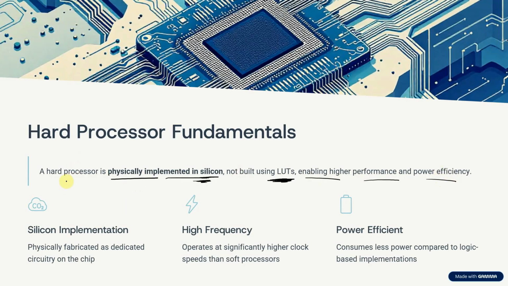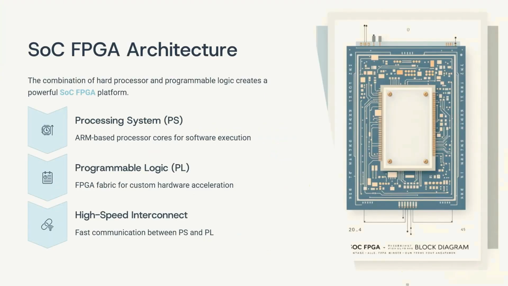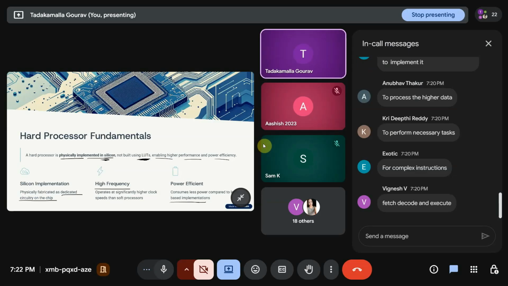So here the hard processor is silicon implemented, physically fabricated as dedicated circuitry on the chip. It is going to have a higher operating frequency, and it is very power efficient because it is going to consume less power compared to a logic-based implementation, because it is an ASIC, it is not implemented using the LUTs, right? So this is the difference between your hard processor and your soft processor. Is it clear for everyone?